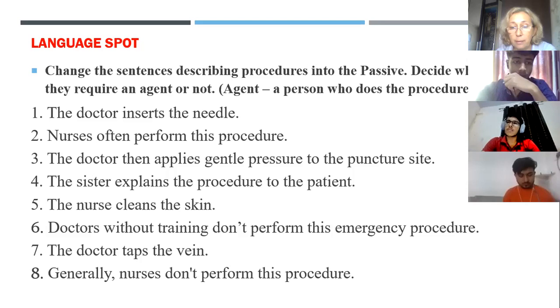Welcome back. Yes, Aman. Ma'am, in the first one, the doctor inserts the needle. So it is happening in the present. So isn't it that if we convert that into the passive, then the needle is being inserted by the doctor? You suggest using the present continuous passive, right?